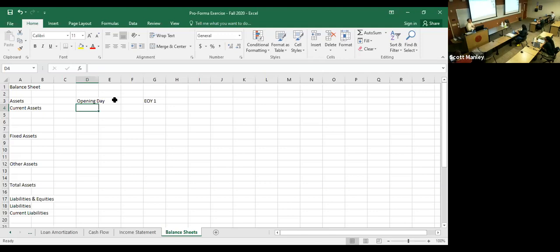Let's drill down a little more. What are current assets? Anything that gets turned into cash. The term current has a very specific definition.